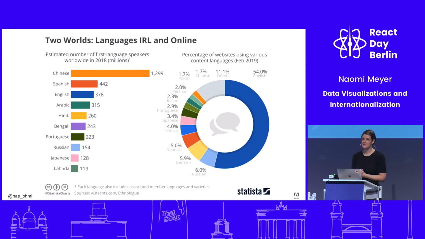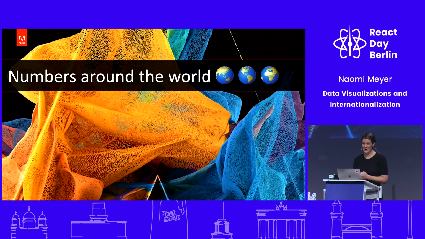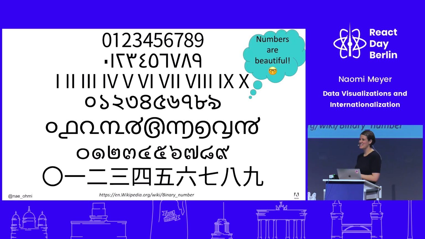So I look at this and I see an opportunity for us to expand digital content, expand the internet into different languages. So let's talk about how we do that. Let's go over numbers around the world. This is a visual representation of some of the different numbers and how they really vary across the world. And I look at it and I think numbers are beautiful.